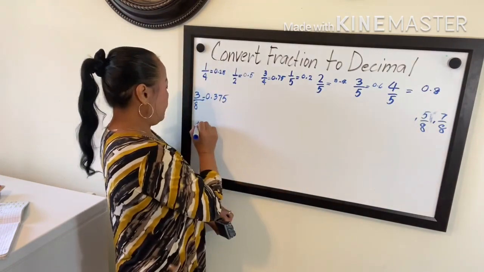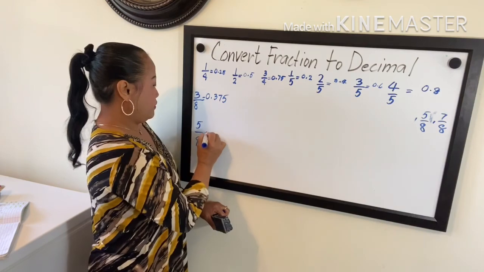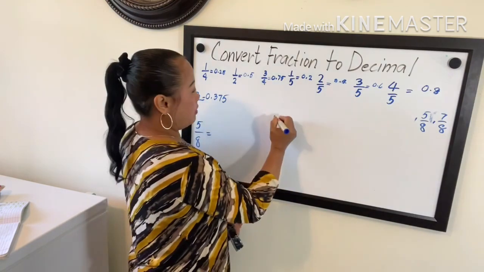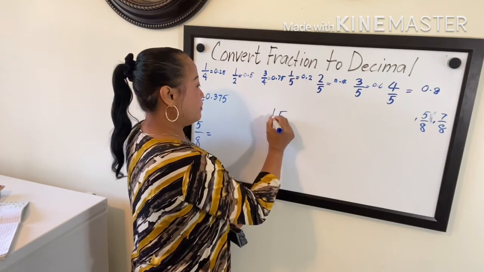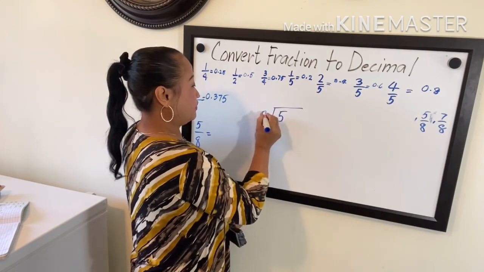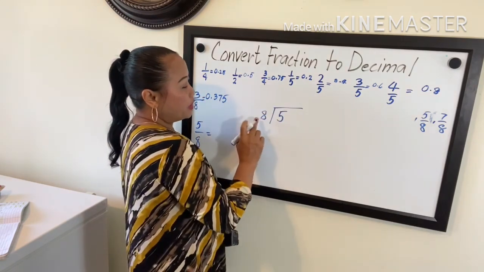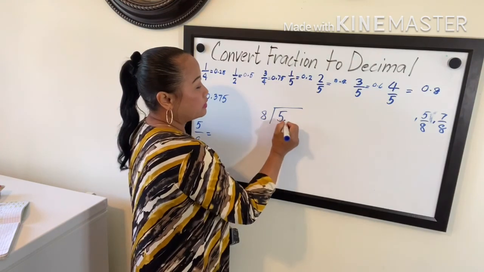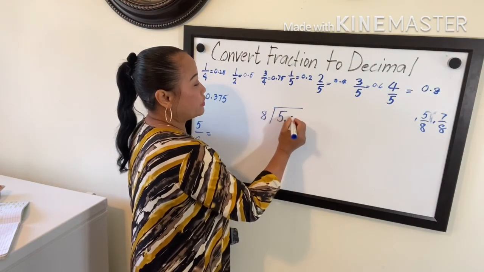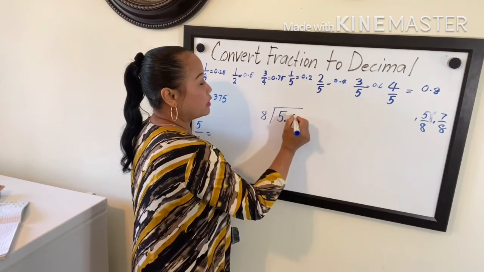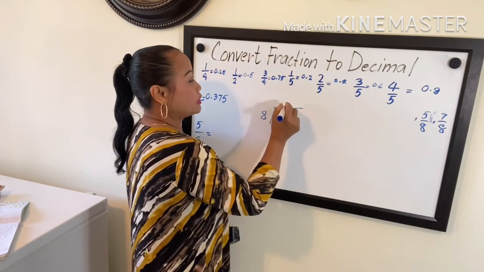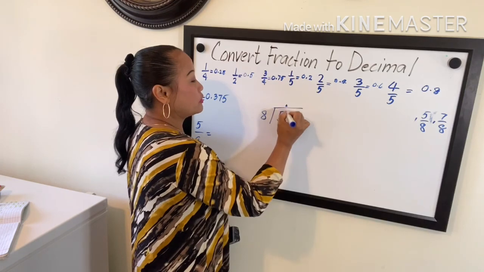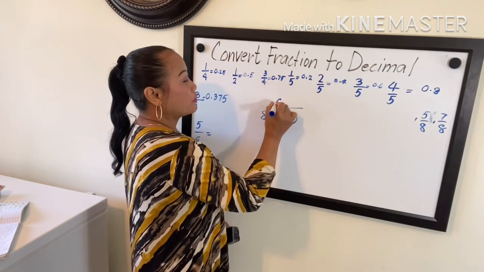5/8. Let's solve that problem. 5 divided by 8. 5 divided by 8 cannot be done, or it is 0. So we'll add a decimal point and 0. And then after that, straighten the decimal point on top in the quotient. Add 0 here.